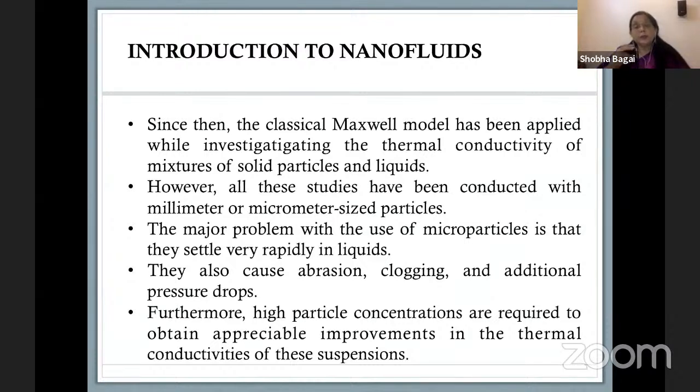But then they would clog the pores in a porous medium, or they would settle down, not forming a homogeneous mixture. These problems certainly were there, and at a certain time, the concept that the thermal conductivity of a liquid can be increased by adding solid particles to the fluid took a backseat.